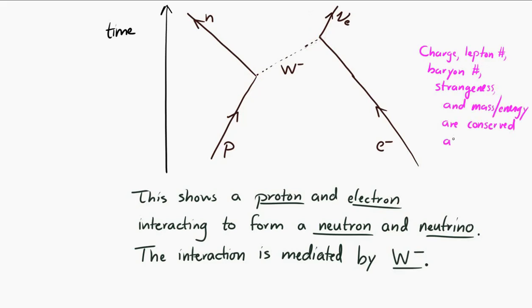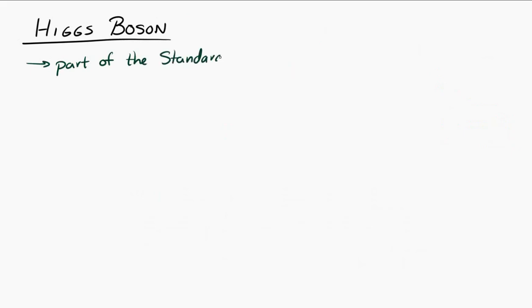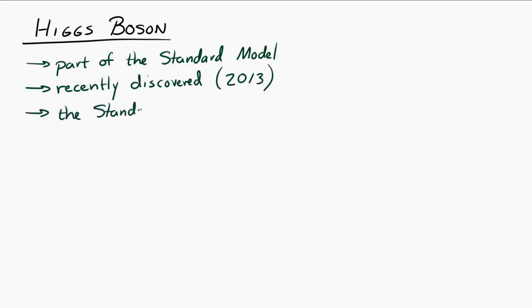So that's Feynman diagrams. Now, last thing I'll mention is the Higgs boson. The Higgs boson is part of the Standard Model, and it's a very recent topic of conversation because this boson was recently discovered. It was discovered in 2013, and it was a prediction of the Standard Model.